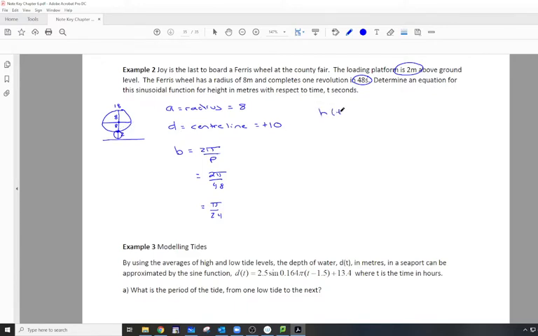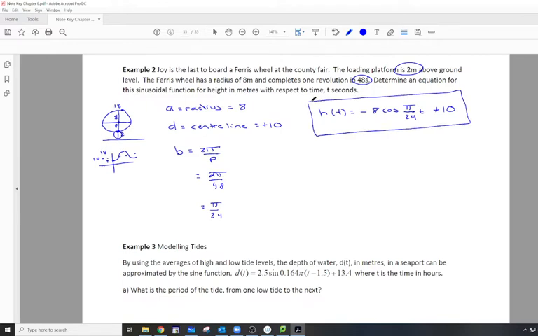So we're going to go h of t equals negative 8 cos pi by 24 t plus 10. Right? So if you thought of this, it's the person loading at the bottom. So this is what it looks like. The bottom point's at 2, the top point's at 18, the center line is here at 10, right? We're starting at the bottom, so we do a reflection of the y values over the x-axis, and that's it. That is my equation. Nice and simple.